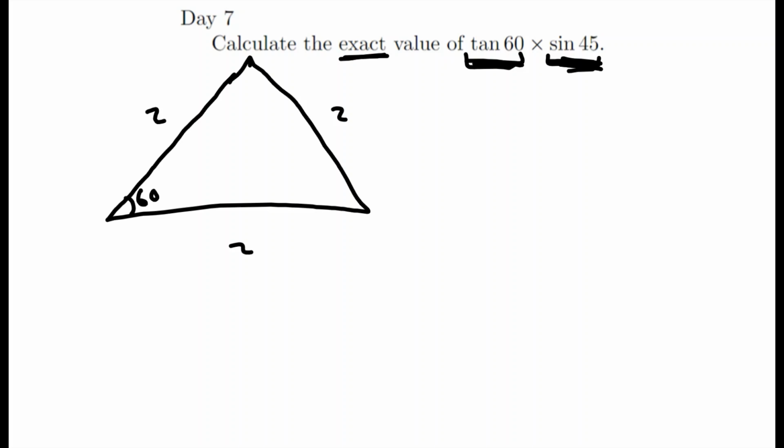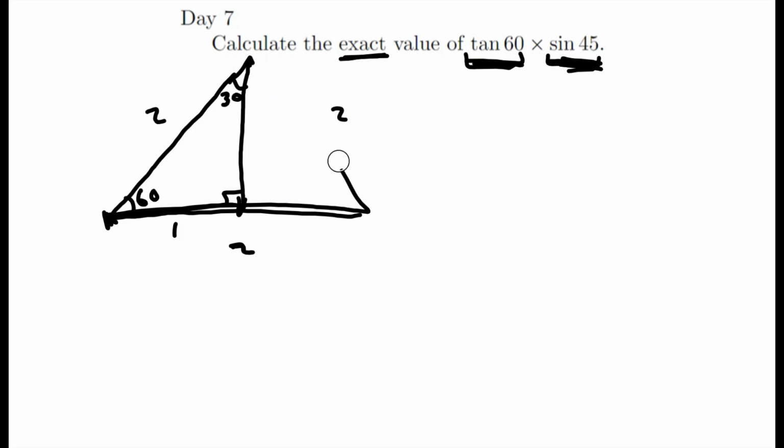And if we drop a line down here at a right angle, it's going to create us an angle of 30 here. And we've split this length here into 2. So instead of it being 2 the whole way across, this bit here is going to be 1.